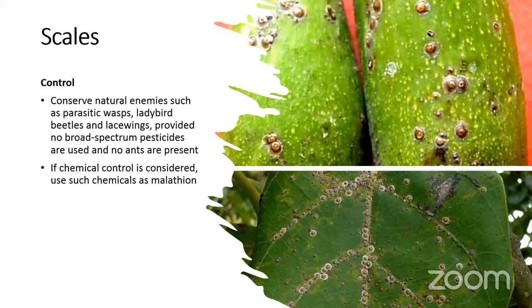Then there is also ladybird beetles. The ladybird beetles are reddish in color and have some black spots. Those are important. When you see them in your field, they will actually help you to control the scales.